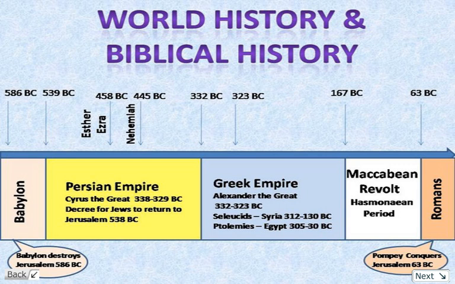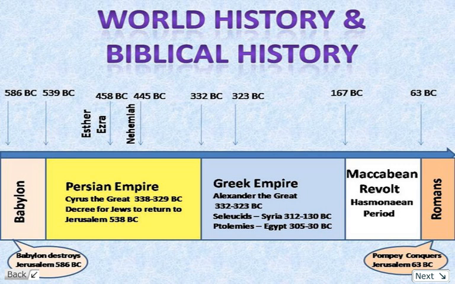In 323 we have Alexander's death, and it's divided among the generals, and especially affecting Israel, we have the Seleucids who rule from Syria, and then in Egypt we have the Ptolemies who rule, and they sort of fight over Israel. And so sometimes Israel is controlled by the Seleucids, and other times it's controlled by the Ptolemies, and it's fighting back and forth.